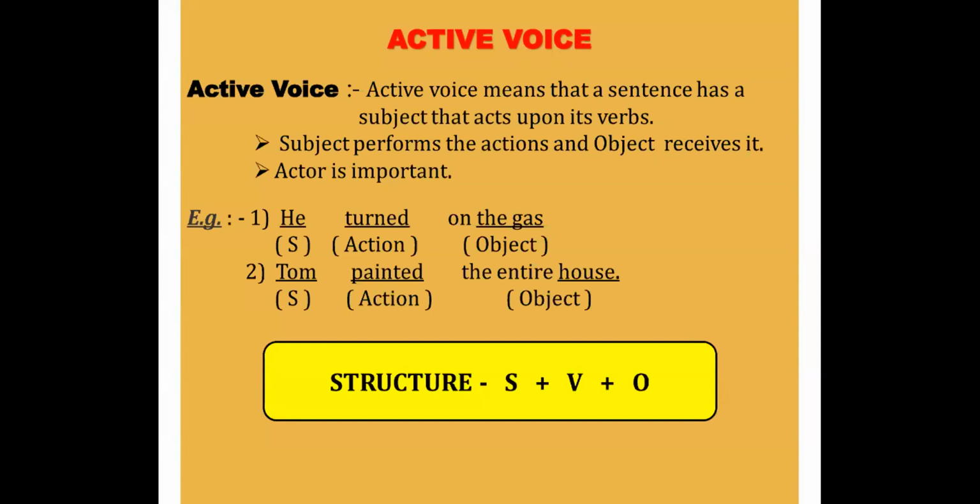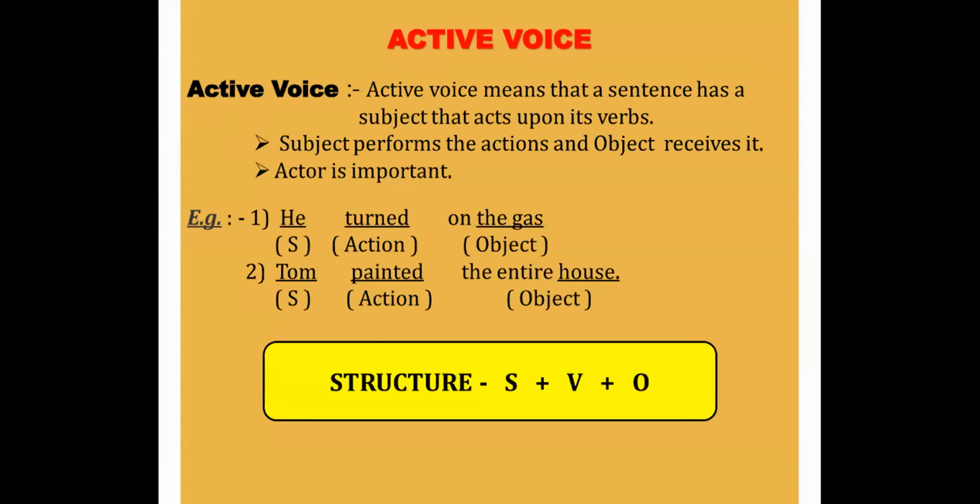One more example: the box was taken by the young man. How will I change it into active voice? The young man took the box. Now the young man is the subject, took is the verb, and the box is the object.